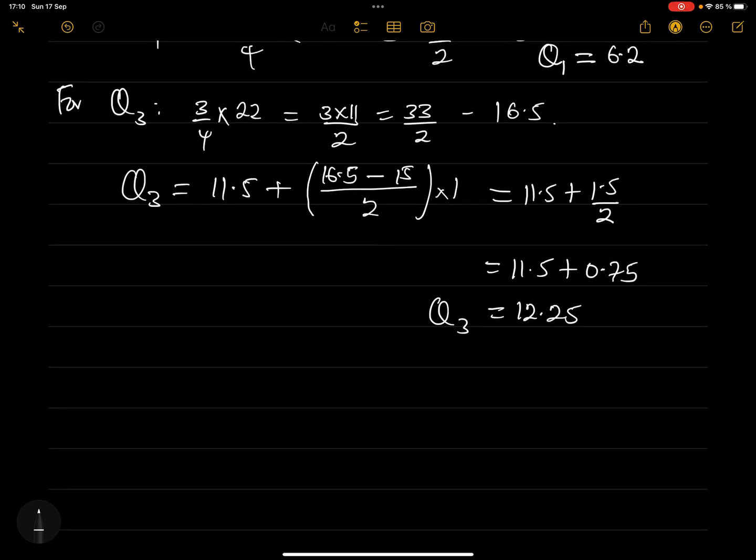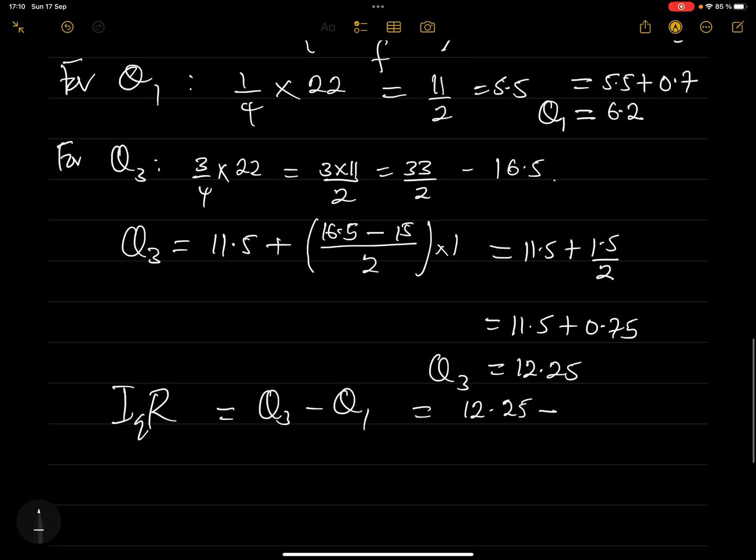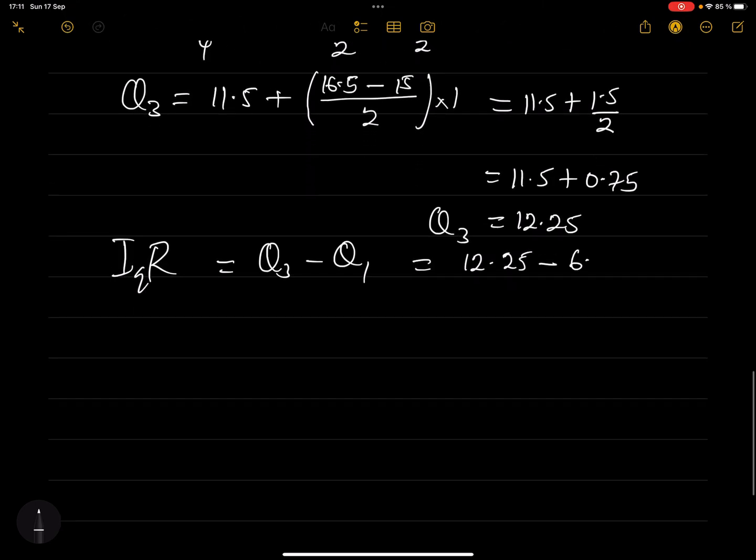So the interquartile range, IQR, will now be equal to Q3 minus Q1. This will be 12.25 minus 6.2, that is Q1.